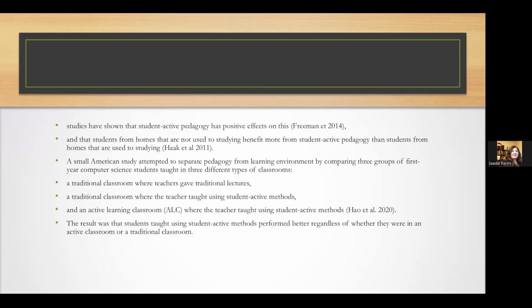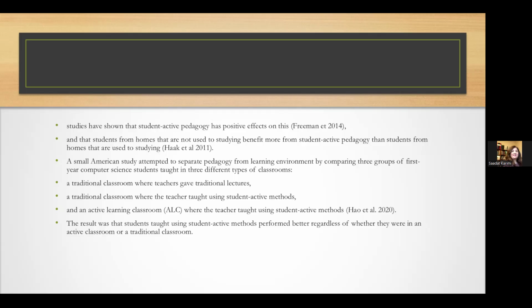A small American study attempted to separate pedagogy from learning environment by comparing three groups of first-year computer science students taught in three different types of classrooms. One, a traditional classroom where teachers gave traditional lectures. Second was a traditional classroom where the teacher taught using student active methods.